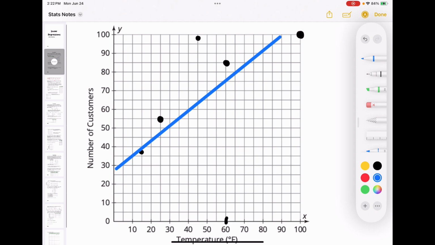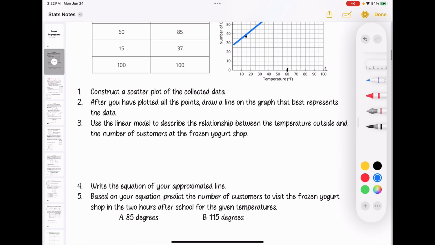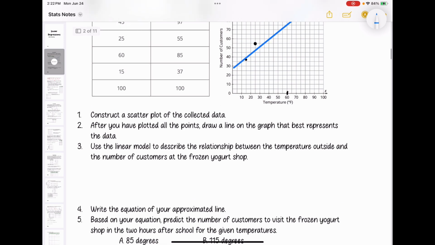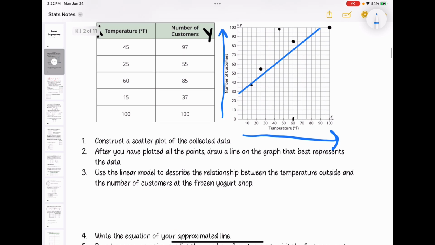All right, so use the linear model to describe the relationship between the temperature outside and the number of customers at the frozen yogurt shop. So this is question number 3. So from our graph, as we can see, as the temperature is increasing, our number of customers is increasing. So that's what I'm going to put there.